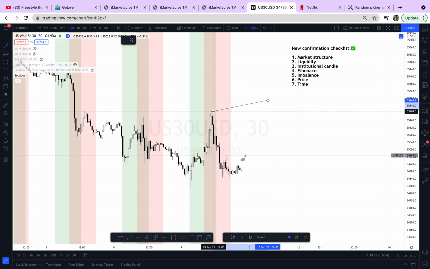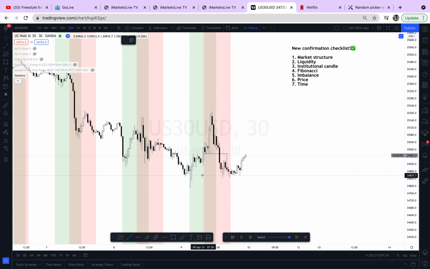But if we actually pay closer attention to the signs, we can see that from this low up to this high, the market creates a higher low, a higher high, higher low, higher high, higher low, and so on. Right? If we actually pay attention, we can see that this market, US 30, actually broke below these previous lows, right?